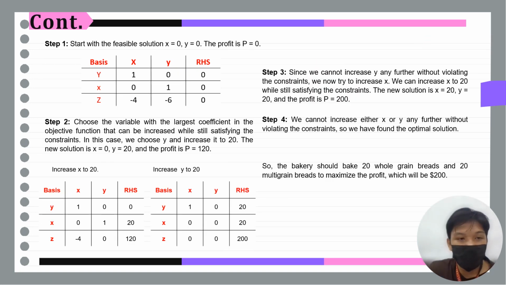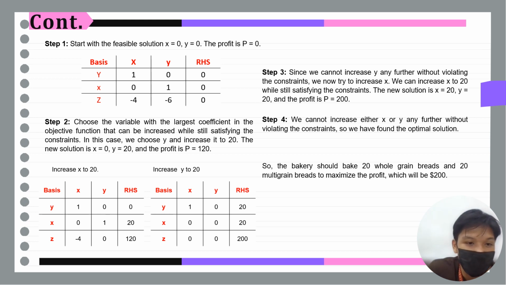In step 1, as we always do, we start with the feasible solution, x equal to 0, y equal to 0, and the profit is equal to 0. As you can see there, the right-hand side is equal to 0 overall. And as you can see, x to x is equal to 1, and y to x equal to 0, x to y equal to 0, y to y equal to 1.